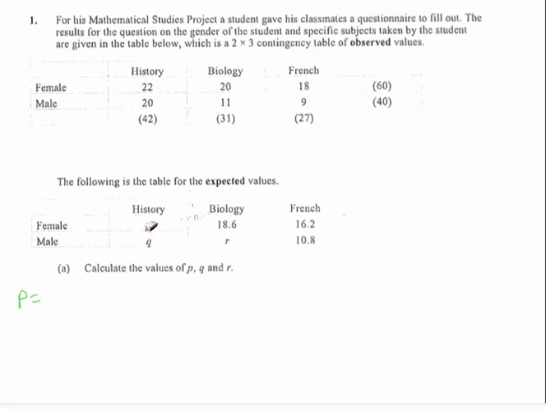So P should be equal to the column sum times the row sum divided by the total, which in this case is 100.